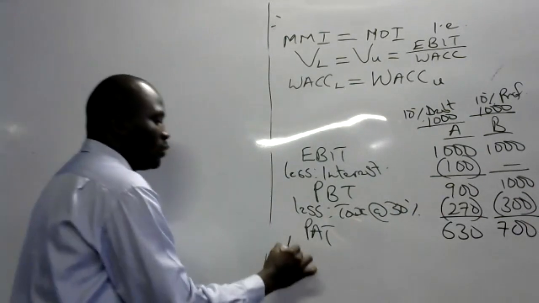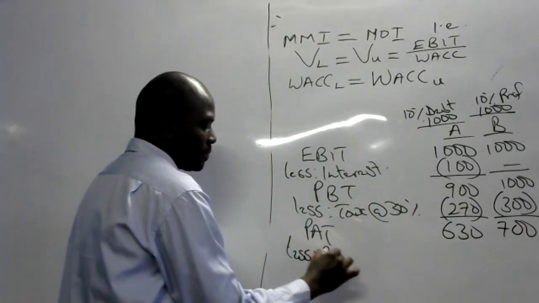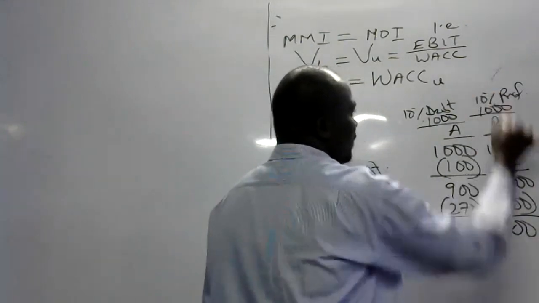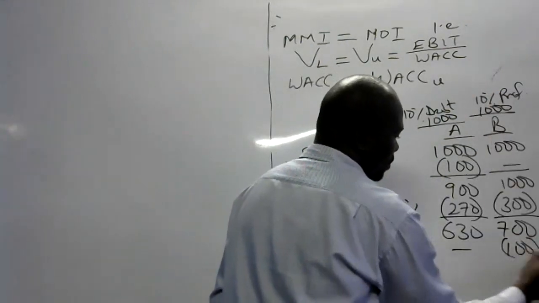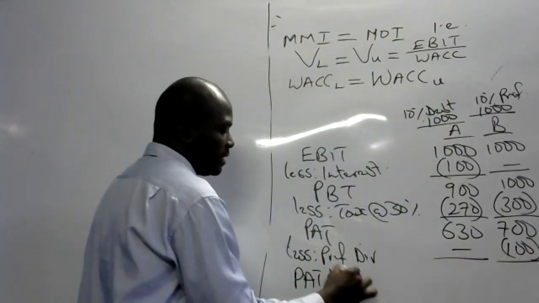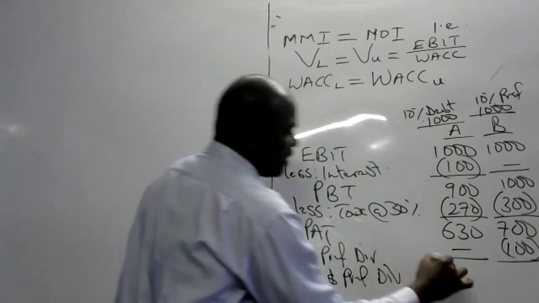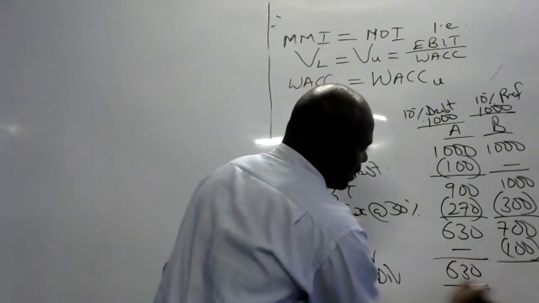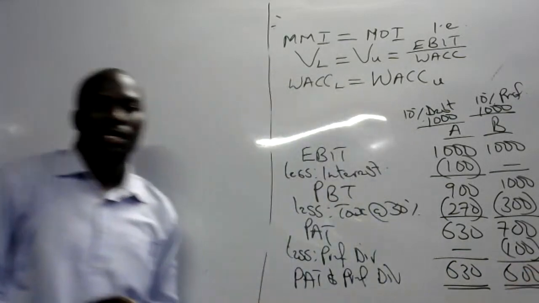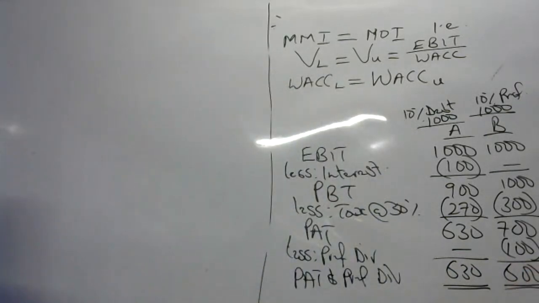At that point, we less the preference dividends. So we have our profit after tax and preference dividends: 630 and now 600. Between the company that had debt and the other company that had preference shares, which one is happy?